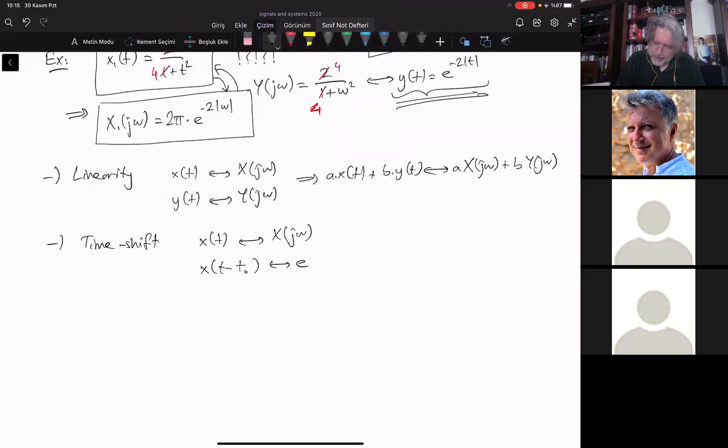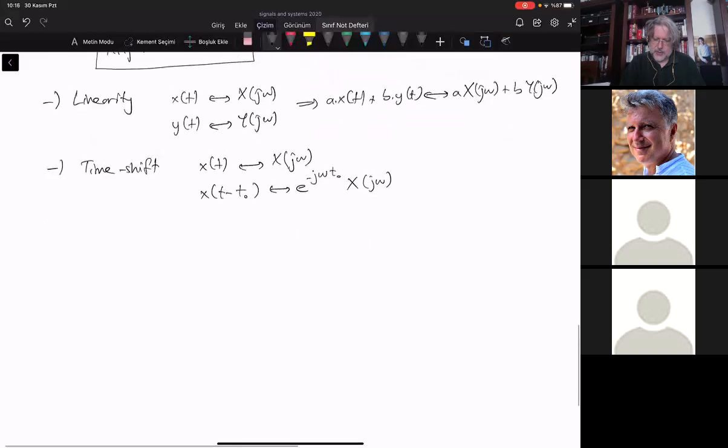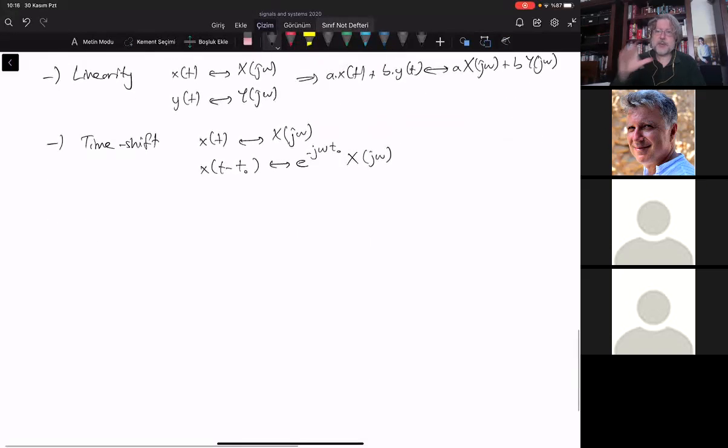It's e to the minus j omega t0 times capital X of j omega. So we multiply with a complex exponential. That is exactly the same thing that we did for the Fourier series. So this is the time shift. Now we can use this linearity and time shift properties all together to come up with one example.